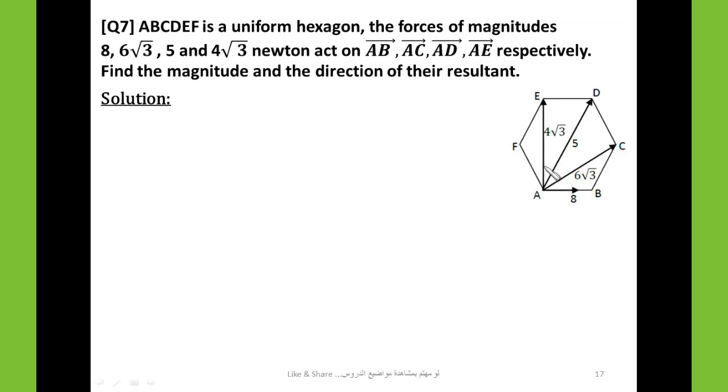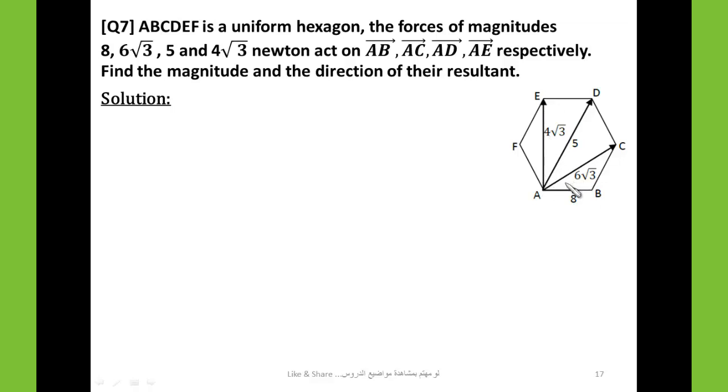As the measure of the vertex angle of the hexagon equals 120, and these four angles are equal in measure and each equal 30. So we will factorize 6 root 3 into two perpendicular directions: the direction of AB and the direction of AE.